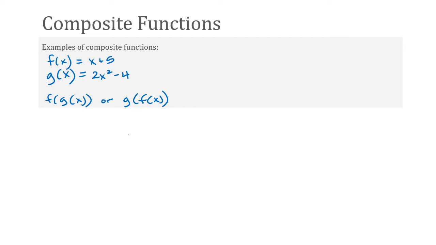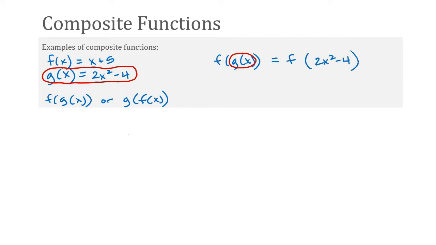Let's take a look at what this would have been if I had been asked to find the composite of f of g of x. All right, so notice that on the inside of this composite function is g of x, and g of x has been defined for us as 2x squared minus 4. So in order to do this composite function, I would need to write f of that g function, which is 2x squared minus 4.